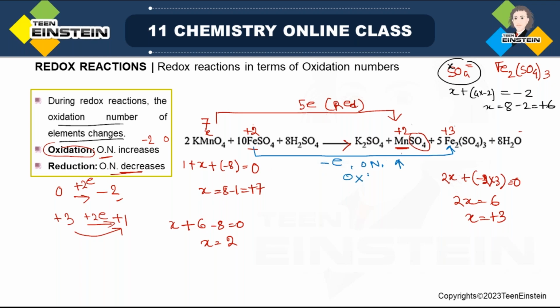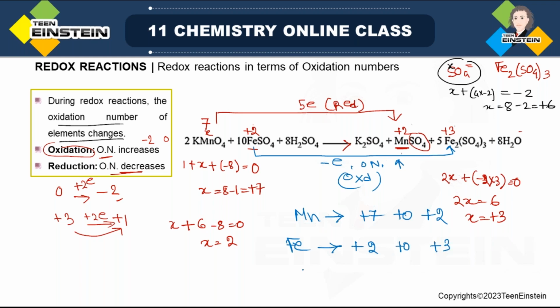So electron is removed, oxidation number is increased, so it is oxidation. So for Mn, the oxidation number is changed from plus 7 to plus 2, and for iron it is changed from plus 2 to plus 3.